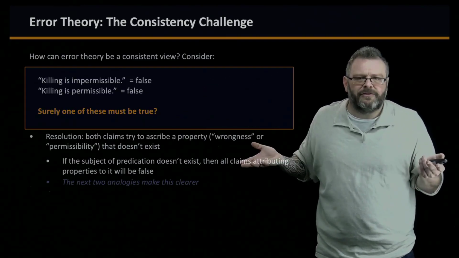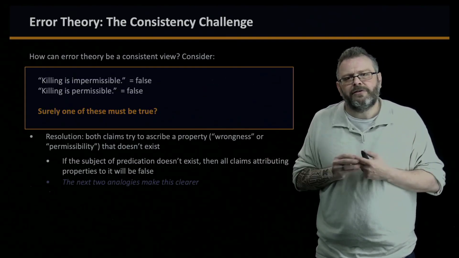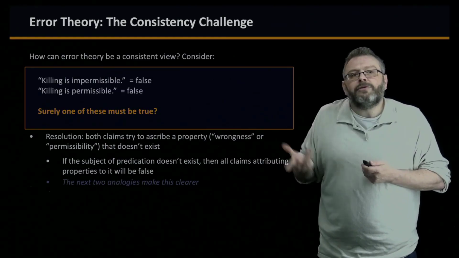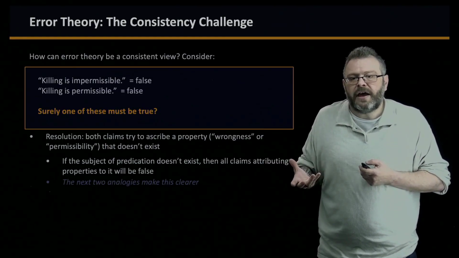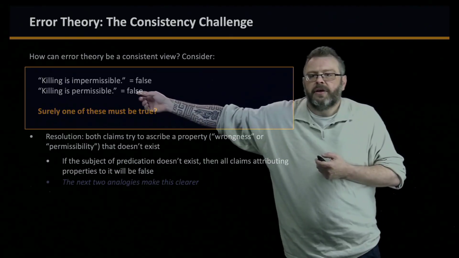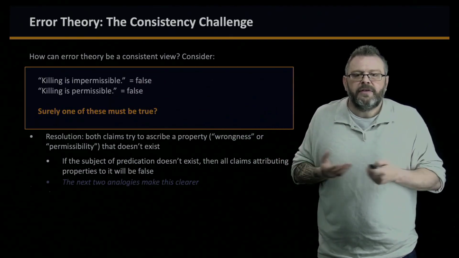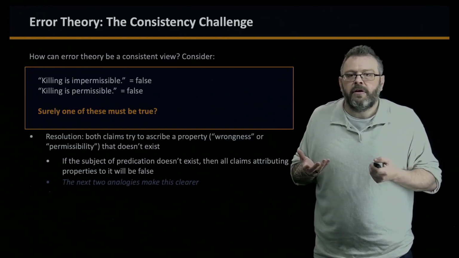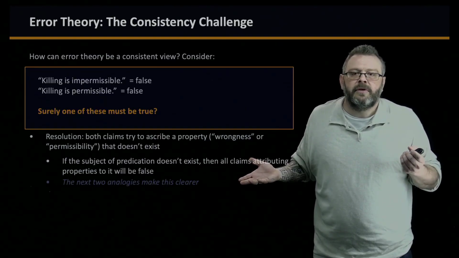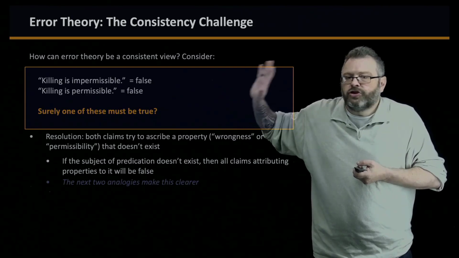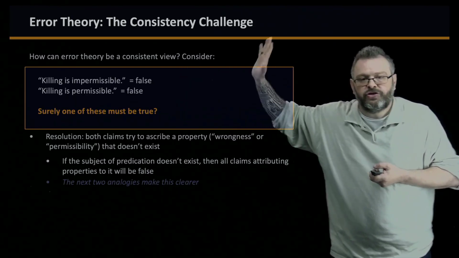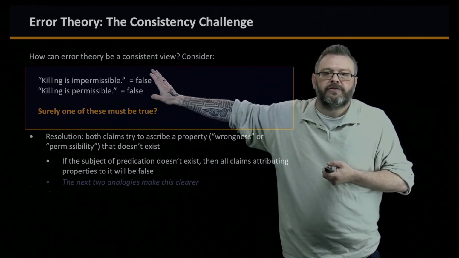They're opposites of each other. Surely one has to be true. The diagnosis of this problem is that this property of permissibility or wrongness, these moral properties, aren't really properties. And so you are just wrong to ascribe these properties to things.